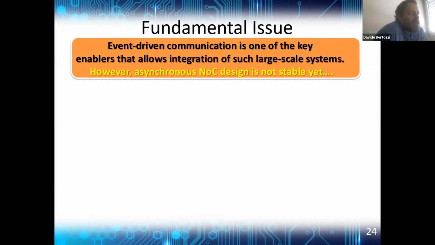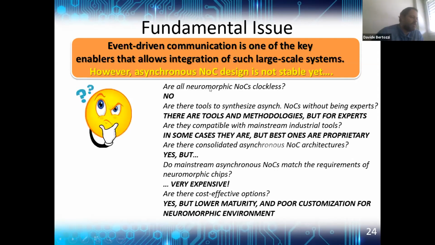Nice features about asynchronous realizations in terms of exploitation of the sparsity that we have in space and time in spiky neural networks. However, if you look at this more closely, we can understand that there are some issues, also considering that not all neuromorphic chips use clockless networks on chip.